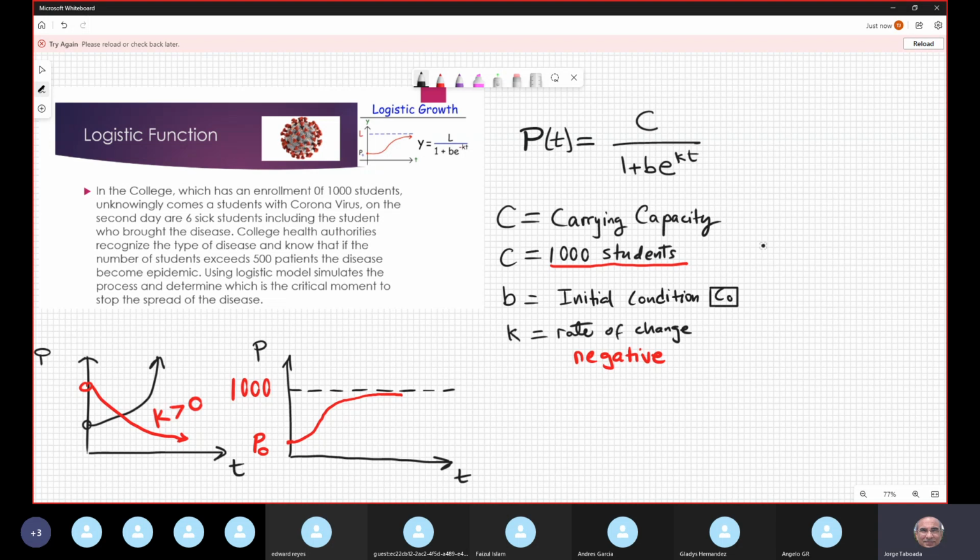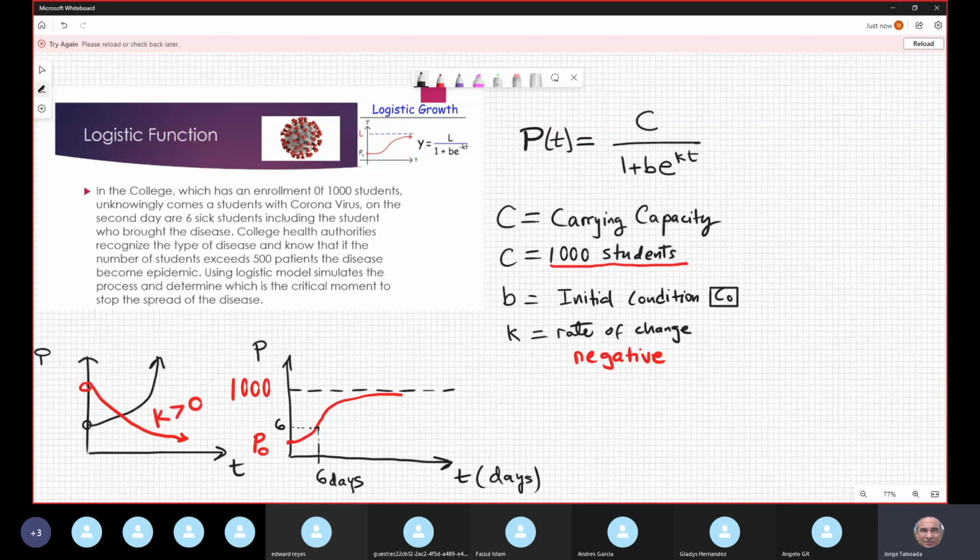Okay, so this is the time. You need to know time is measured in days in this problem. We have 6 students infected. Of course, the scale is not good, but 6 represents students infected at this moment.